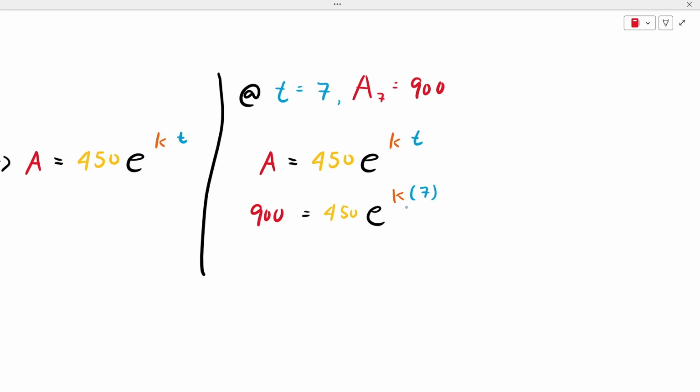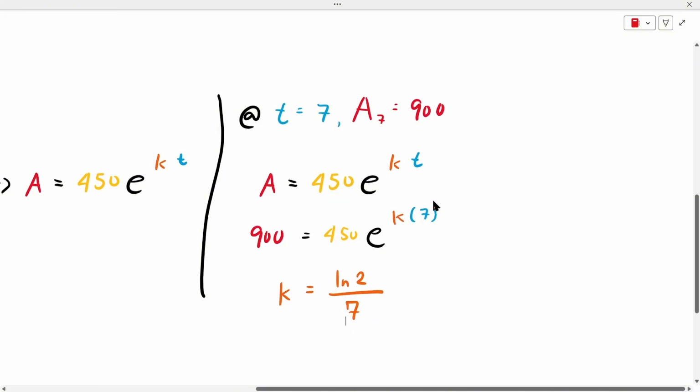If we evaluate that, you will get k equals ln of 2 over 7. That will be the value of k.